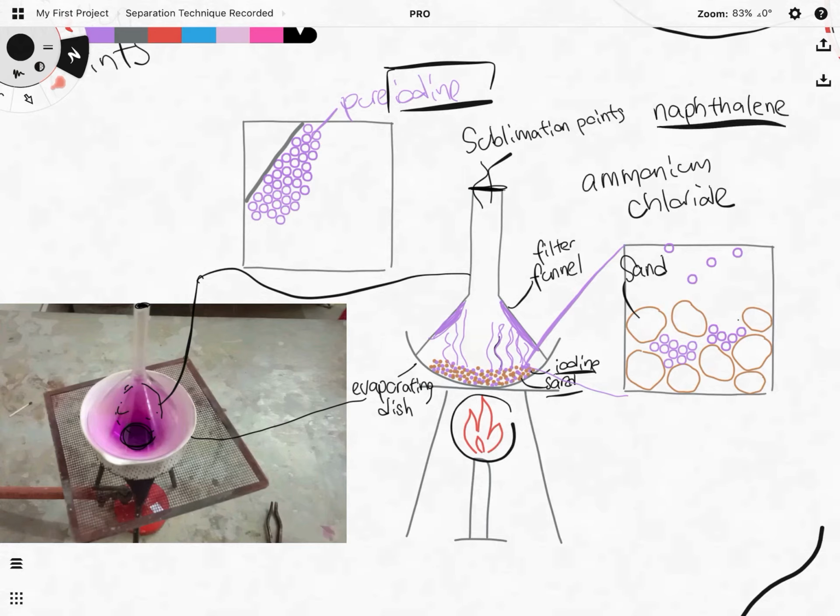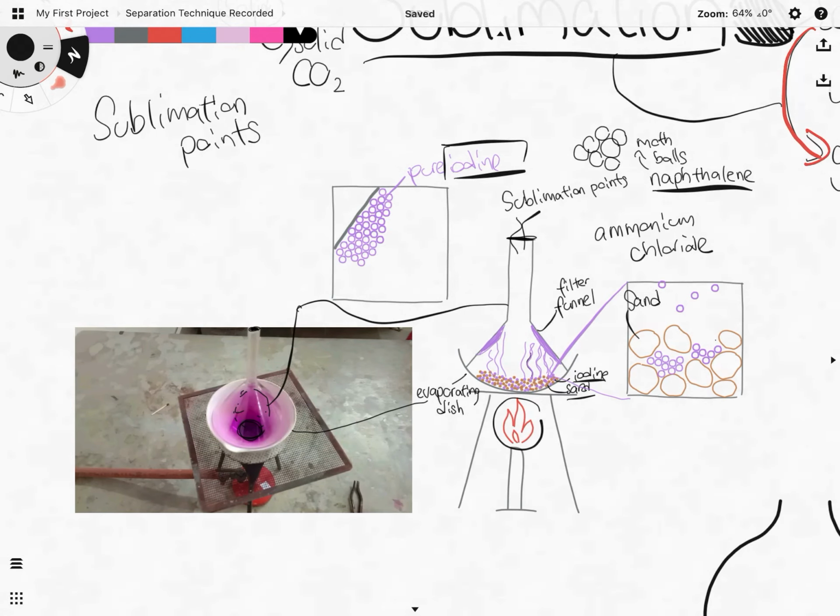Naphthalene is actually something that you may have at home. It can be found inside mothballs. Mothballs aren't actually moths. They are those balls that you find inside of cupboards to make sure that the scent inside of your cupboard doesn't get very musty. So these are examples of solids that can undergo sublimation.